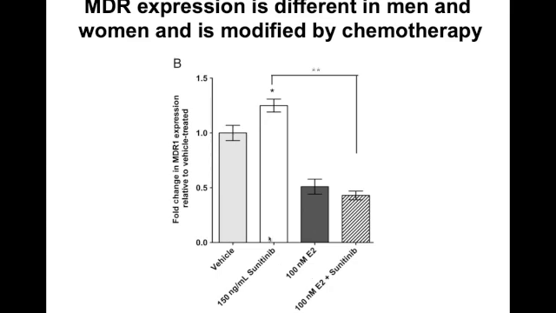Interestingly, if you treat the cells with sunitinib, with the chemotherapy, and then expose the cells to estrogen, rather than having an upregulation of MDR1 in response to the sunitinib, there's a massive downregulation. In other words, the sunitinib, in this case, in the presence of estrogen, is not being pumped out as efficiently in these cardiomyocytes.